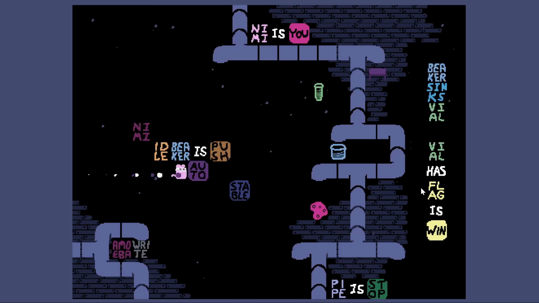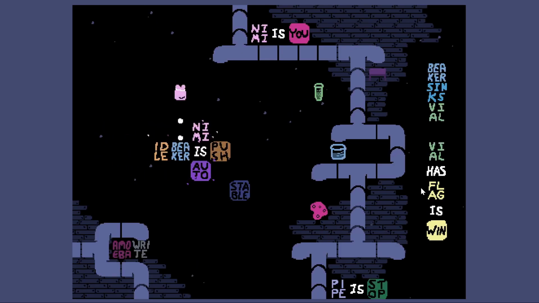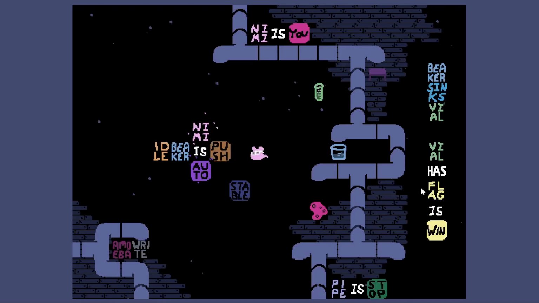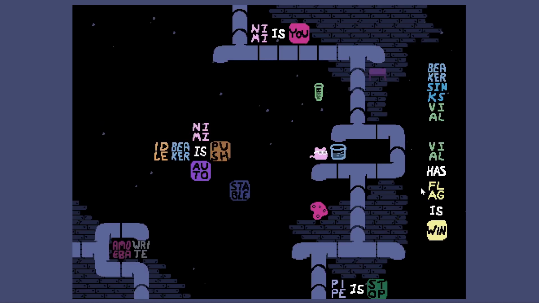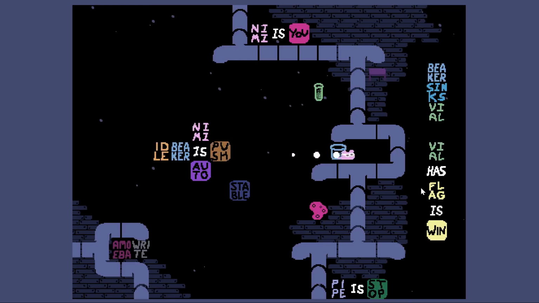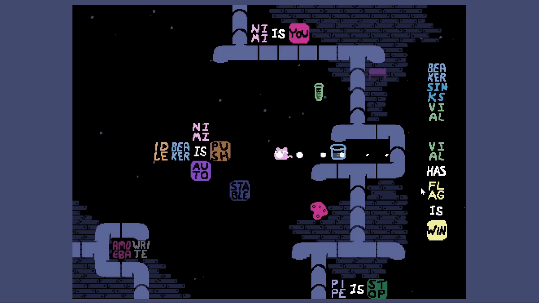And Nimi is auto, maybe. Oh, but because of that, I will never actually be in this center spot that's facing the right position. Oh, I see. Which means I'll never actually get to push it out because I'll never be able to idle and face the opposite direction. Okay. What do?